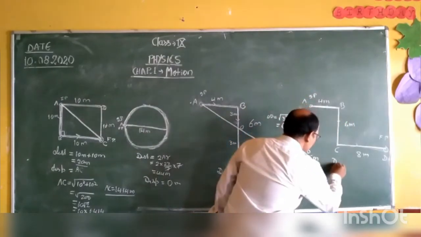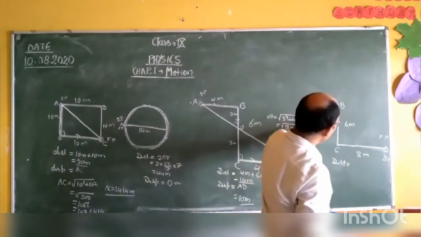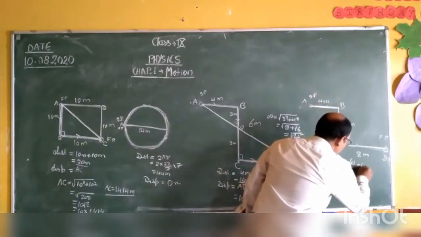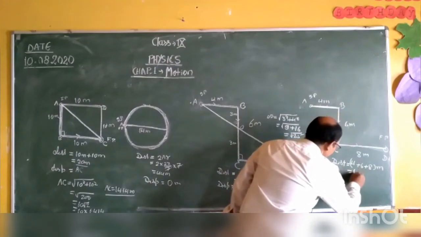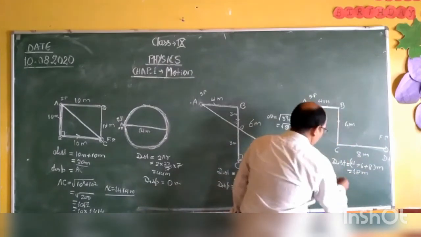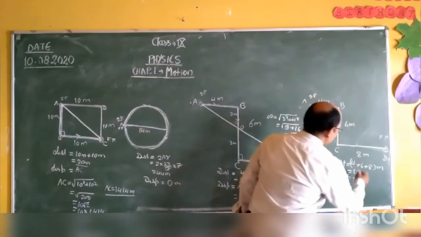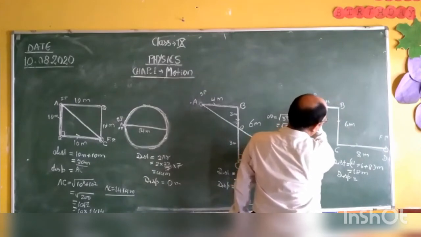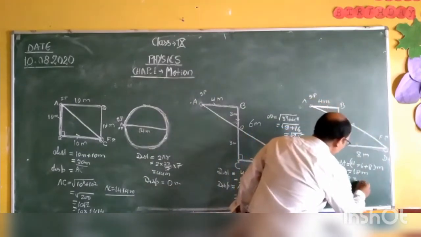Therefore, the distance will be 4 plus 6 plus 8 meter, which means it will be 18 meter. But what about displacement? Displacement will be AD. We have to join AD in this case. AD will be our displacement.